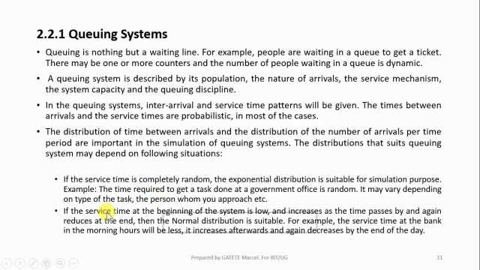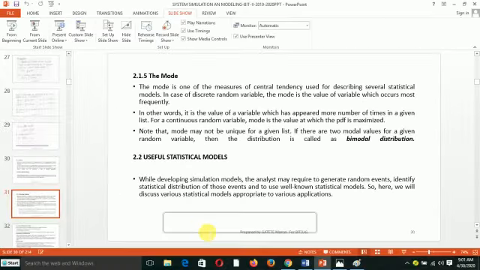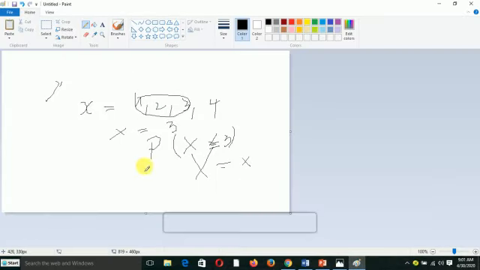If the service time at the beginning of the system is low, and it increases as time passes, and then reduces at the end, we are going to use the normal distribution. The normal distribution is shaped like this.